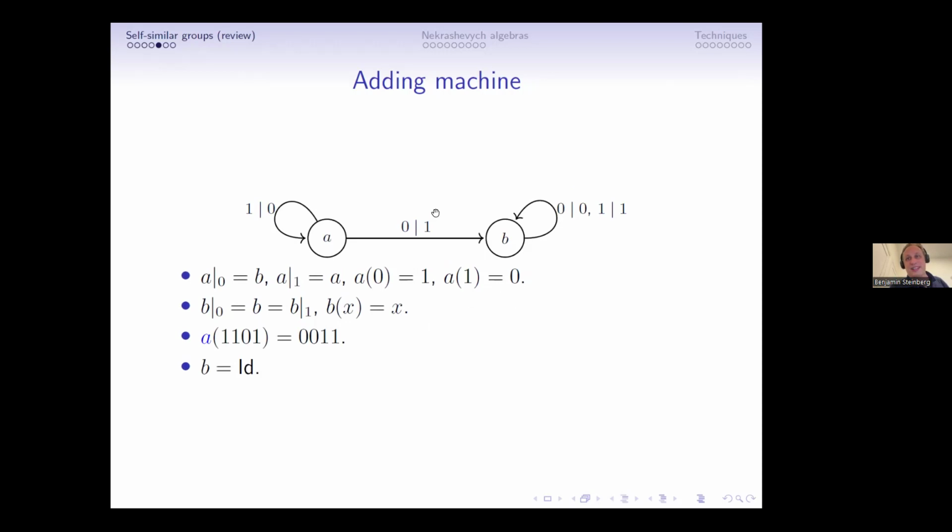Eventually they'll get into either A or identity. If you look at the sections of A squared, if I'm not mistaken, both sections are A, and so things start to decrease.